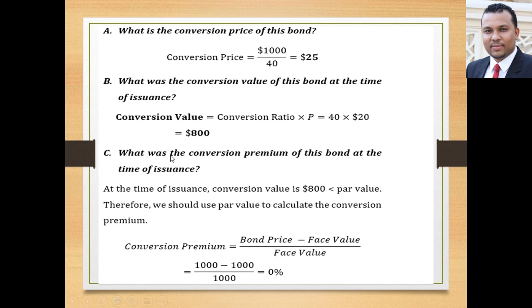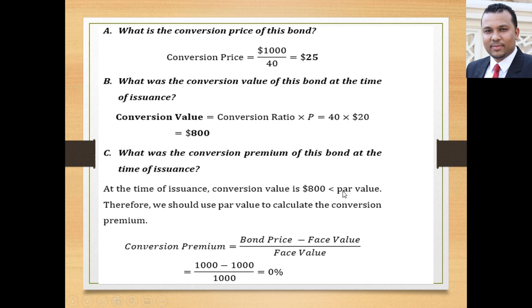Number three, what was the conversion premium of this bond at the time of issuance? At the time of issuance, note that the conversion value equals $800, lower than the face value or par value, which is $1,000. So the premium equals bond price minus face value. Why face value or par value?